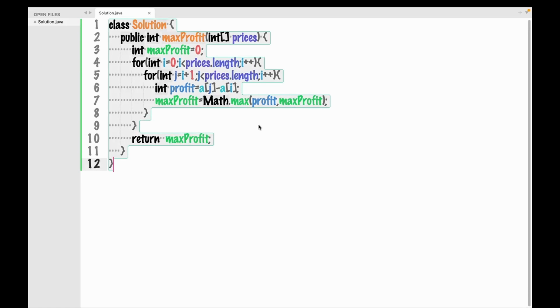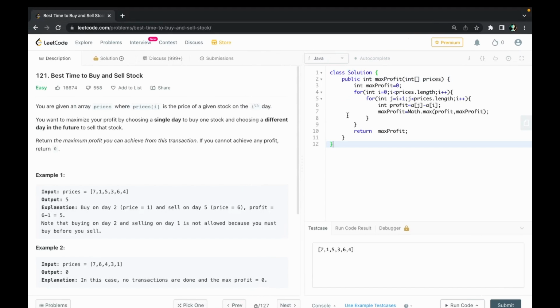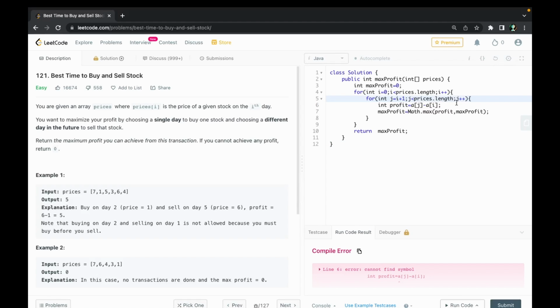Now let's take this to our main platform and see if this is running fine or not. Yeah, here we made a small mistake: instead of j++ we did i++. Now let's run it.